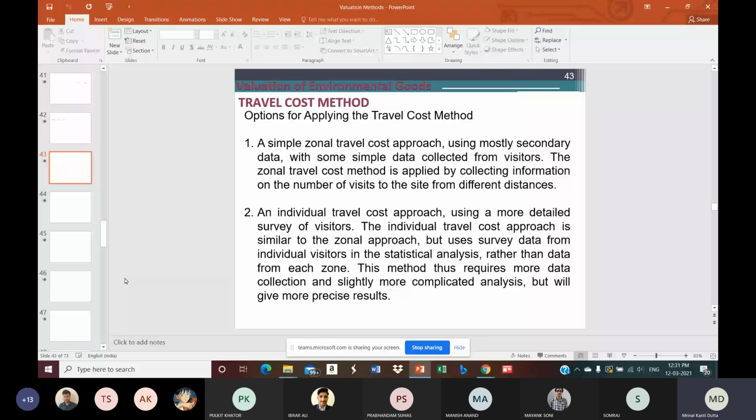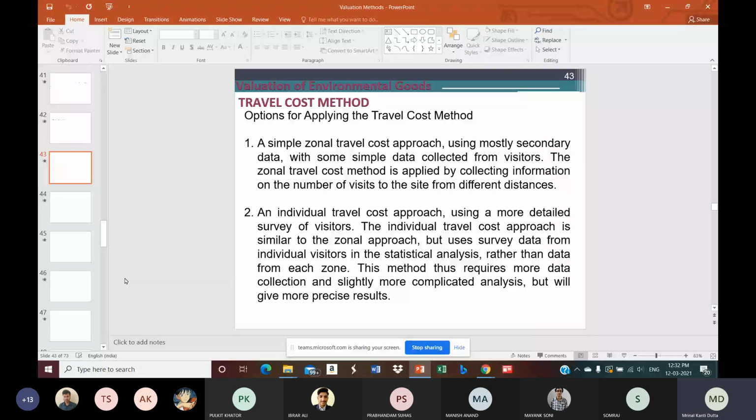The zonal travel cost method is applied by collecting information on the number of visits to the site from different distances. So mostly it is from the secondary sources, but in some cases, maybe some data from visitors might also be collected. But as against these, in the case of the individual travel cost method, a more detailed survey of visitors is being carried out.